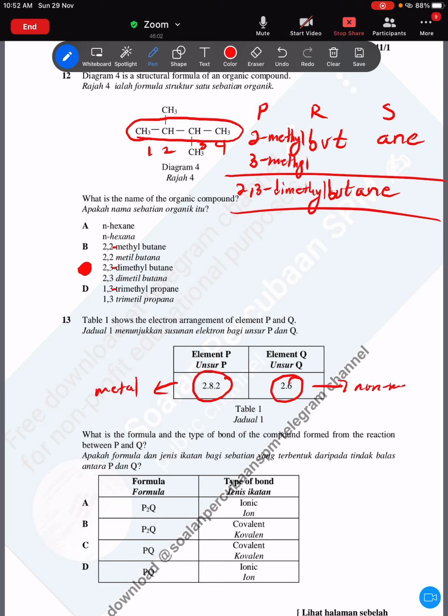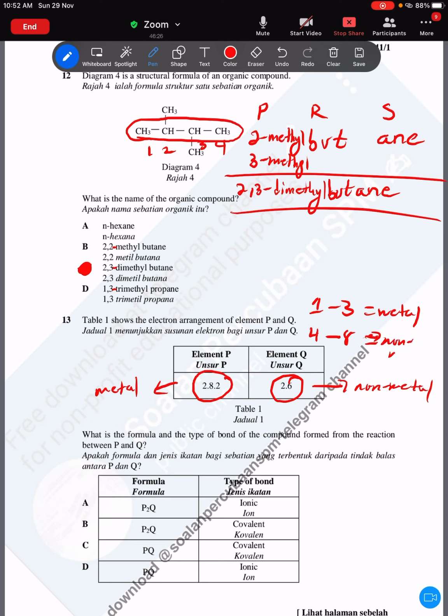Guys, do you know how I can identify this? Very good, based on the valence electron. You must always keep in mind that 1 to 3 valence electrons belong to metal, and 4 to 8 is actually non-metal.